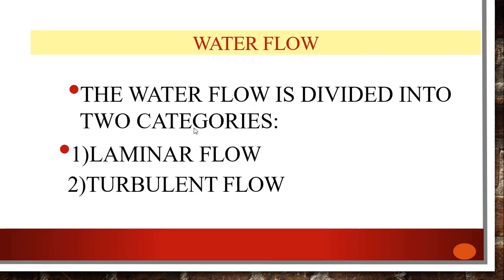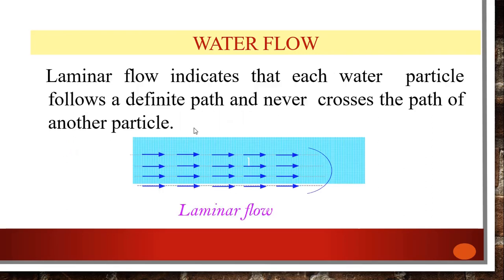Now the water flow, as we know, is divided into basically two categories. First one is laminar flow and the second one is turbulent flow. Laminar flow. Laminar flow indicates that each water particle follows a definite path and never crosses the path of another particle.